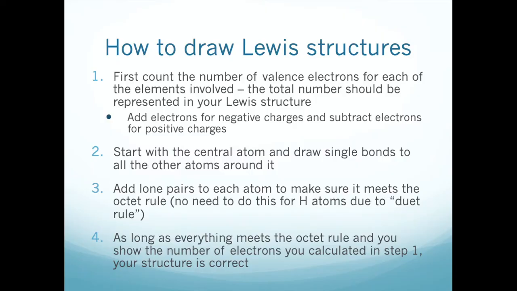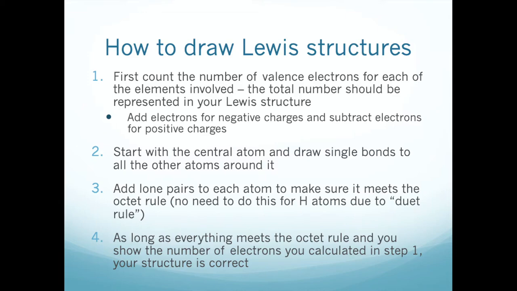Regardless of how many valence electrons they have as lone atoms, when you're drawing your molecule, they should have 8 electrons around them. The second rule is that these molecules should represent the right number of valence electrons that these individual atoms bring to the table.